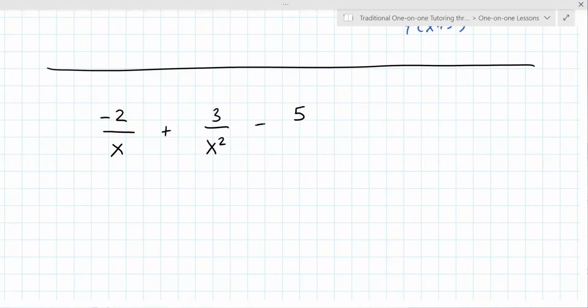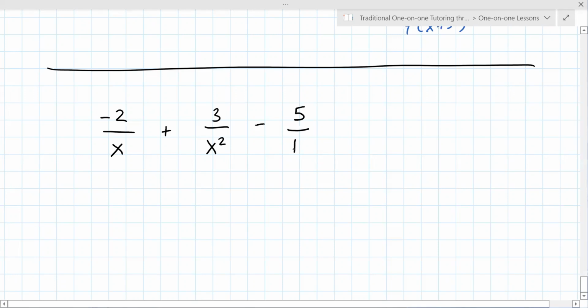What would that be? 1. So I should have done this from the beginning, but we're looking at the common denominator between x squared and 1. Maybe it's clear between the x and the x squared, it would be x squared.